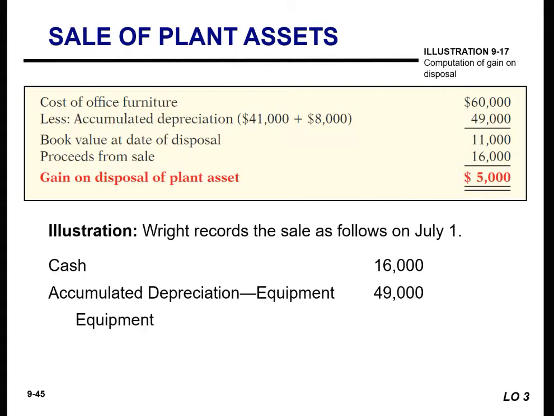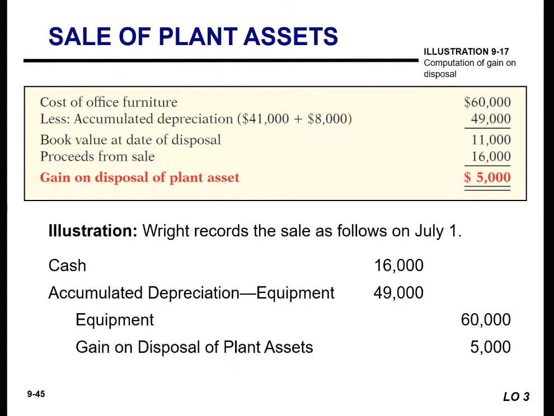We do that with a credit of $60,000. And then we recognize as a gain on disposal a credit of $5,000. The gain is reported in the other revenues and gains section of the income statement, not part of our normal operations.